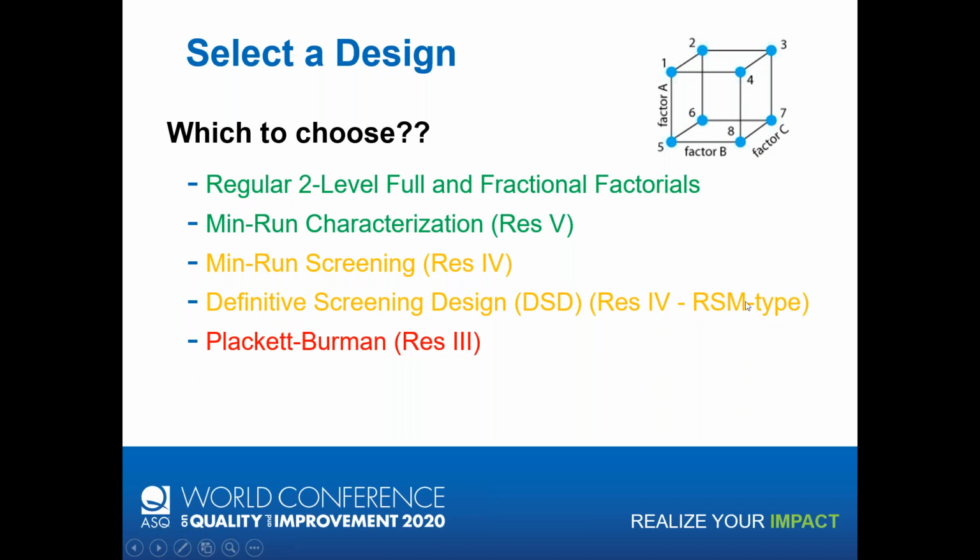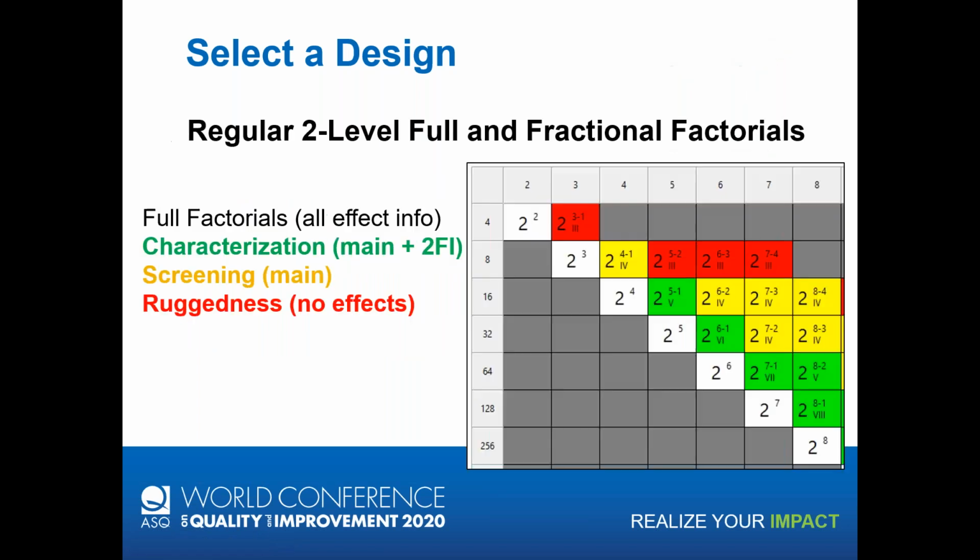They have some aliasing between the quadratic terms and the interaction terms, so they're kind of a quasi resolution 4 type of design. And then Plackett-Burman designs are a resolution 3 design, which would be appropriate for that ruggedness testing.